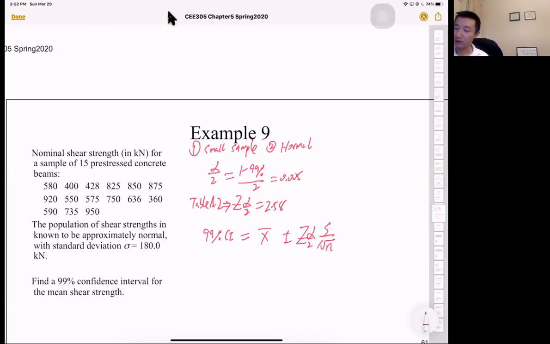The sample mean we can calculate based on the values from the question. Z half alpha is 2.58.